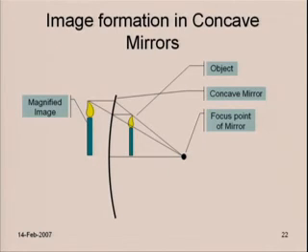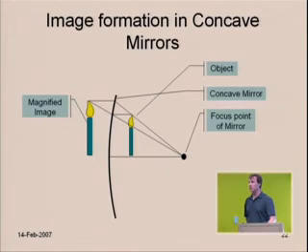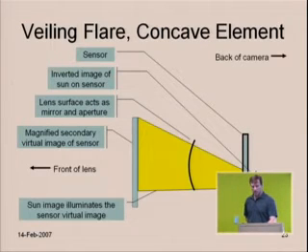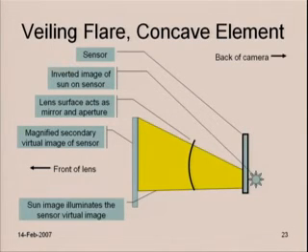On the other hand, if you have a concave mirror, you have the opposite effect. You magnify the image of the sensor, and as a result, the amount of light that's reflected back to the sensor is primarily a function of the exit pupil of the aperture of that concave element, and not so much a function of its distance away from the sensor.